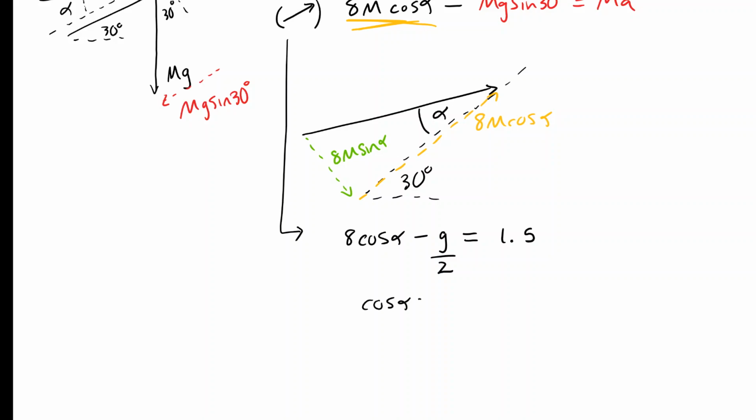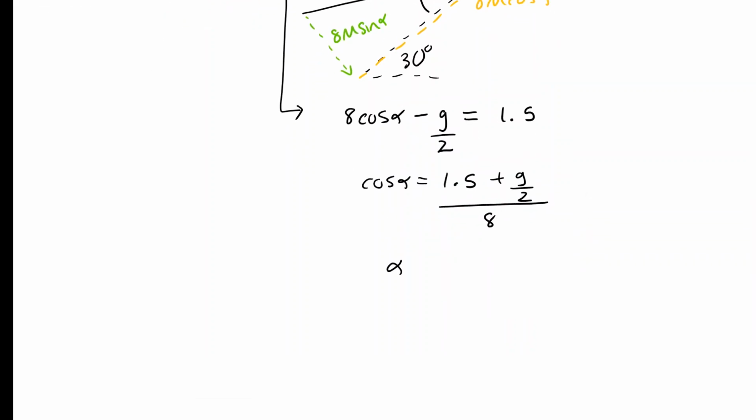Cos alpha is equal to 1.5 plus g over 2 all over 8. Okay, so the value of alpha is 36.869 degrees, or 36.9 degrees. Okay, that's case 1.